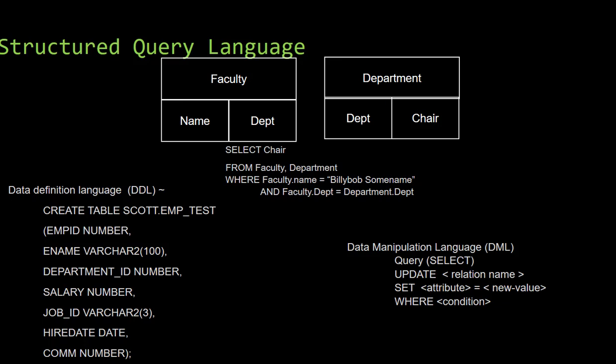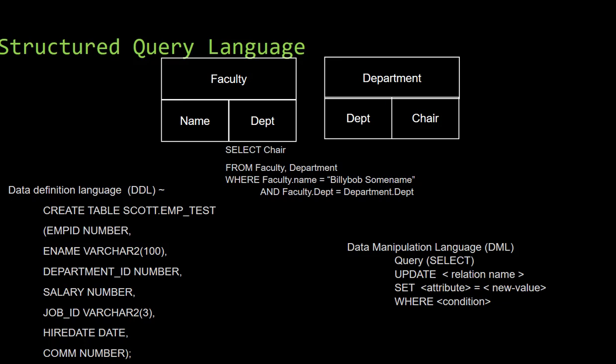And I want it to meet another criterion, that in the same table, faculty, I only want the results to return where the person's name is Billy Bob some name and that they are in the department from either table. We're doing a join here where we're saying give me all the information in both the faculty and the department table because those are equal.